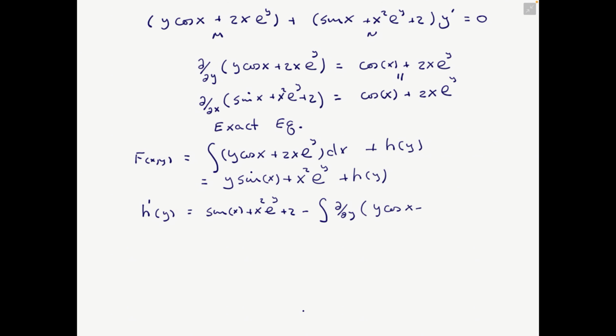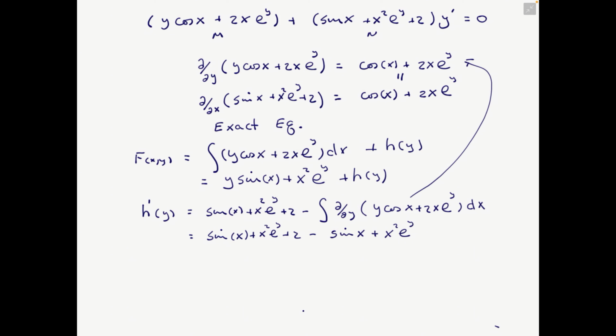So h prime of y is equal to N, so that's sine x plus x squared e to the y plus 2, minus dy of the integral of M, y cos x plus 2x e to the y dx, but we already took that differential, so that's equal to sine of x plus x squared e to the y plus 2 minus cos x, or minus sine x.